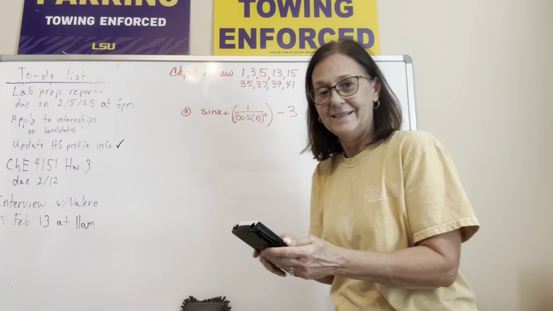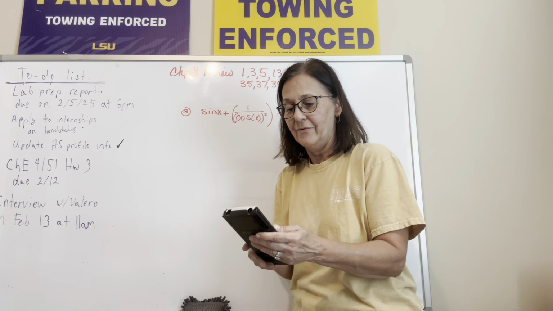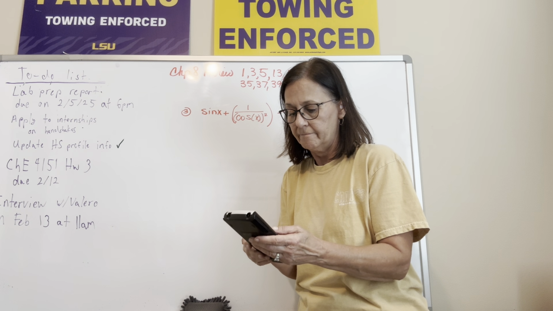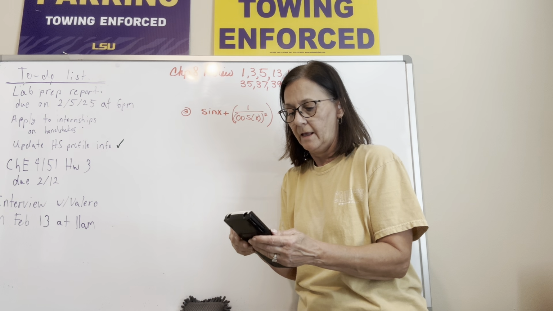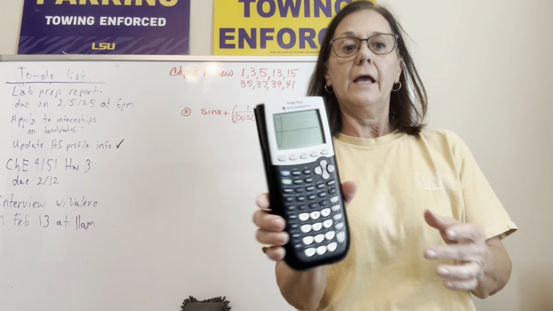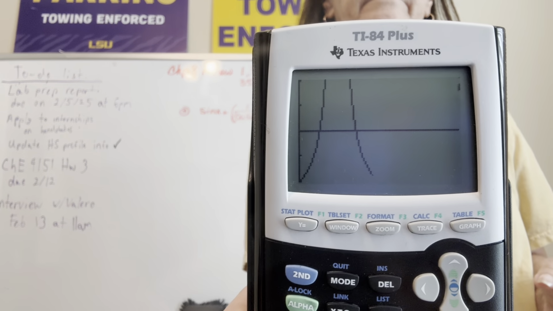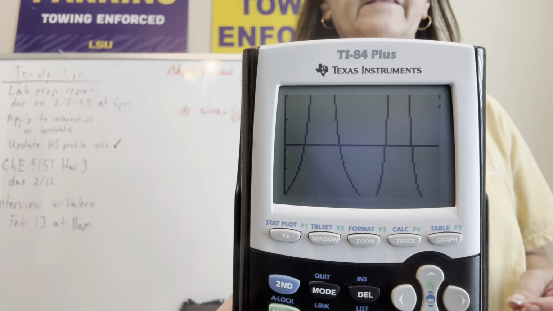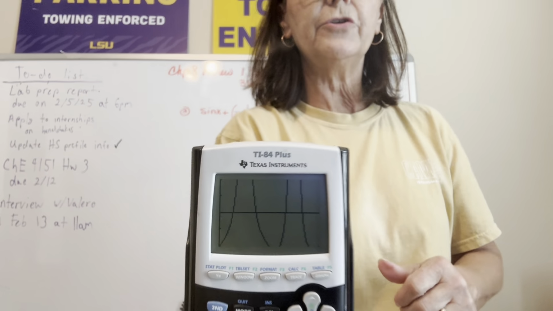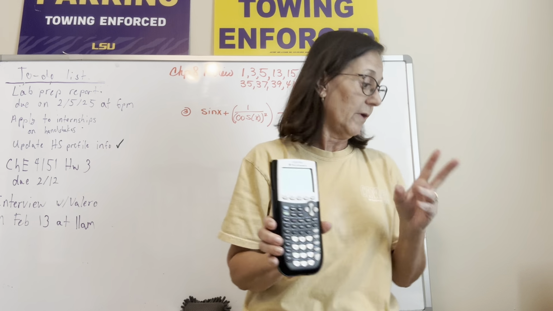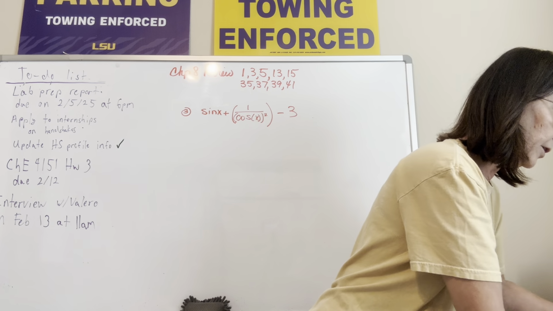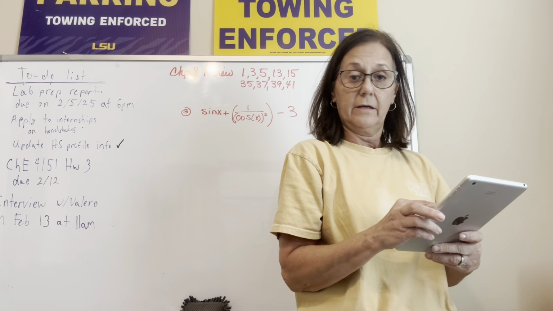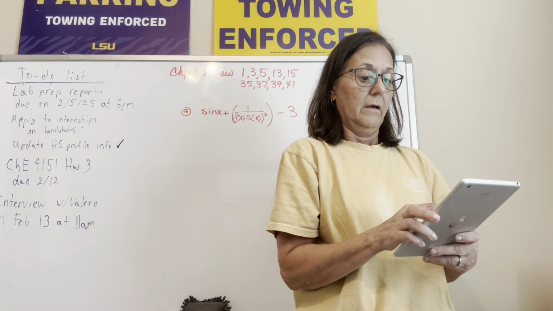I'm gonna make my window 0 to 2 pi. And look what this looks like. Looks like they repeat. I'm going to then do second trace 0 and find those solutions. I'm not going to do that, but you can do that, okay? I believe you can do that.